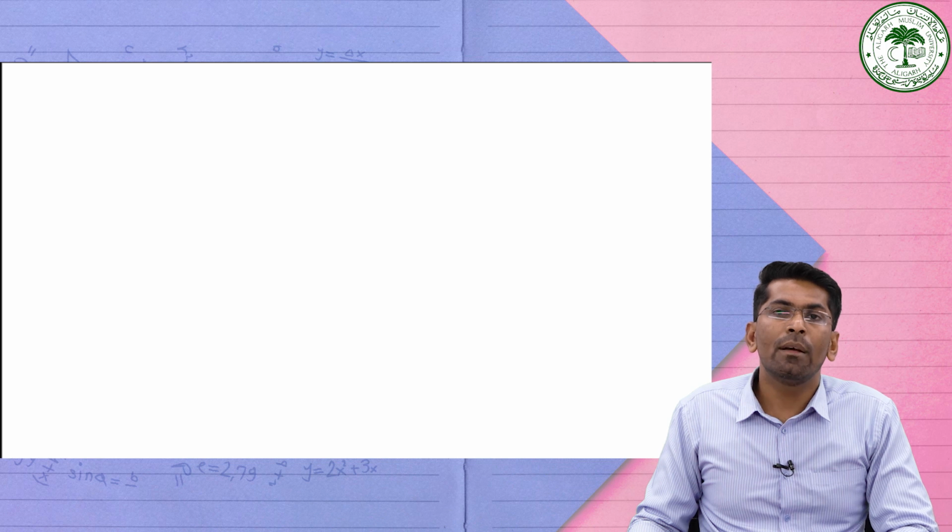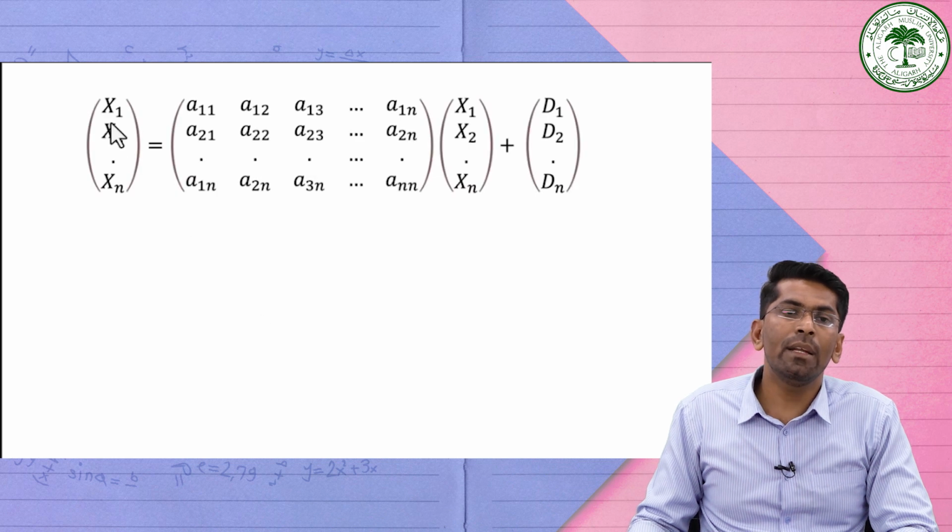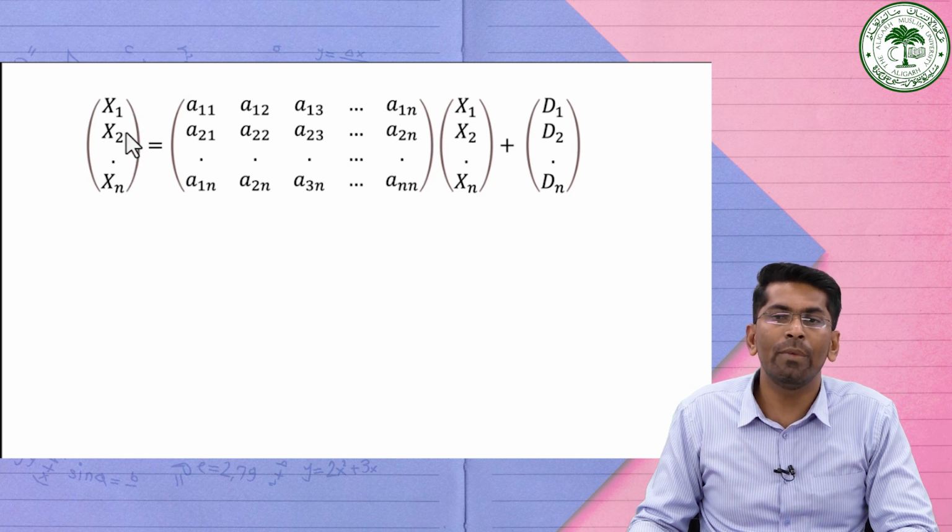Now by using this, we can rewrite this input coefficient table. Here it is x1, x2 up to xn. This is the column vector representing the total output of each sector in an economy: the total output x1, total output x2, up to xn. Where xi is the output of the sector i, which is equal to a matrix here: a11, a12, a13 up to a1n, a21, a22, a23 up to a2n, and an1, an2, an3 up to ann.